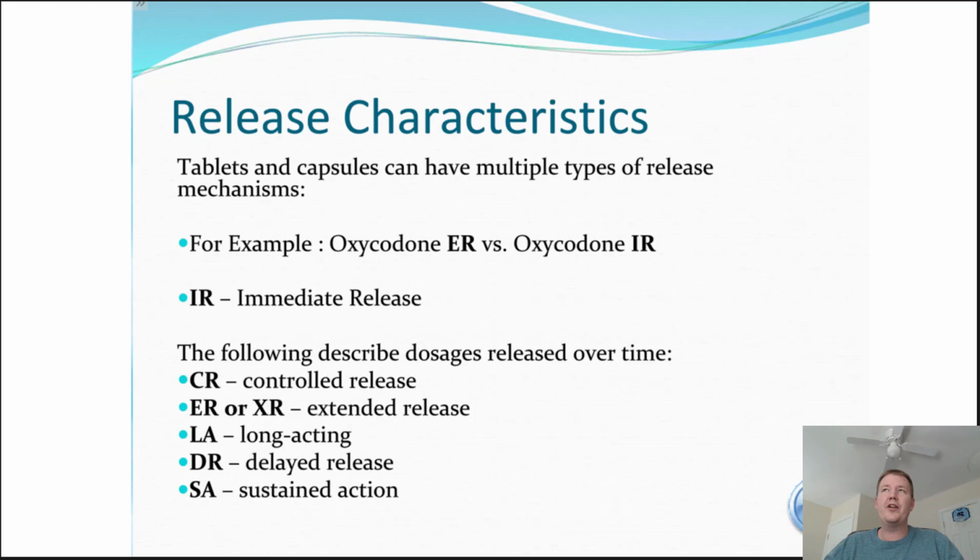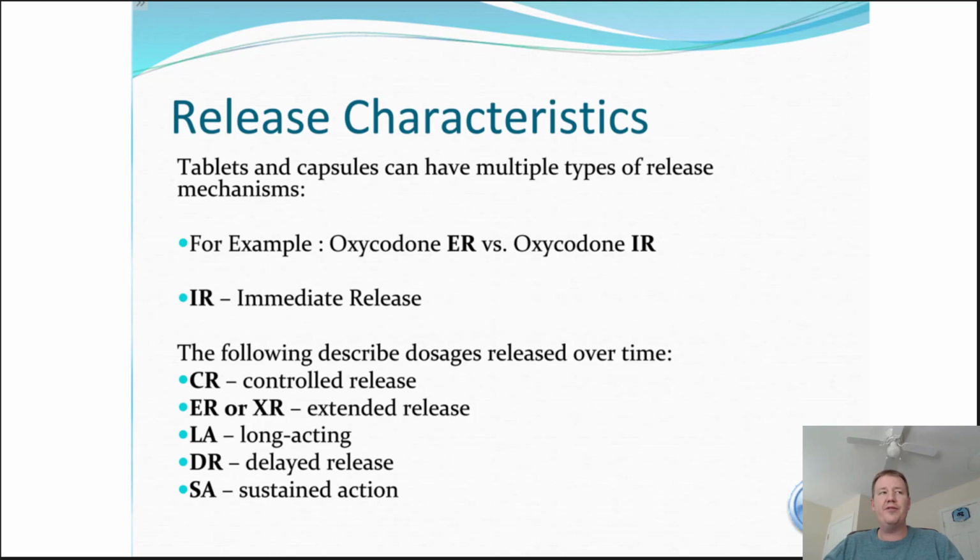It's used for chronic pain management, pain that occurs over seemingly endless periods of time. Whereas oxycodone IR, immediate release, is used to treat acute pain, the sharp pain that occurs over short periods of time. So these are different drugs. They have the same active ingredient, but their release is different.